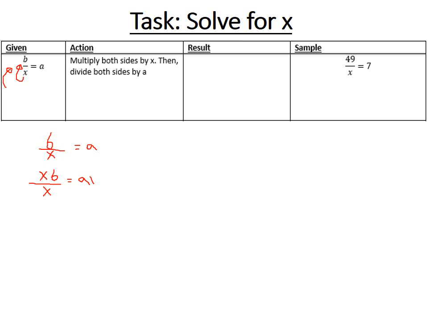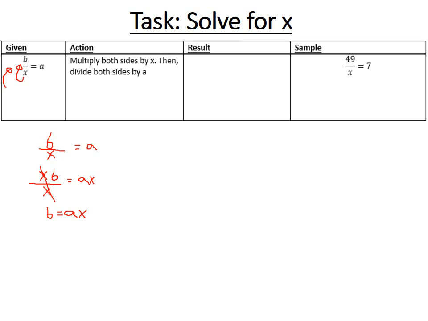If you multiply one side by x, you have to multiply the other side by x. Now you'll notice that I'm getting rid of the x here because it's x over x, which is 1, that cancels out. So I have b is equal to ax. Okay, great. I got x on top by doing the opposite, by multiplying by x because x was dividing there.